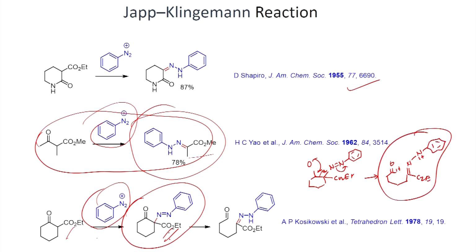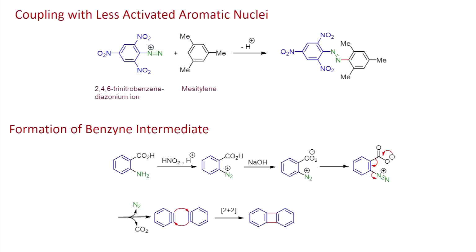So, in this reaction, the reaction of sodium borohydride can give this intermediate. Once we have this, it can open up and you will be able to get this compound as the product.